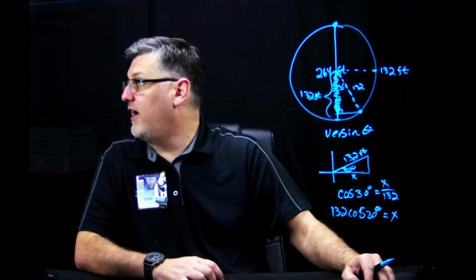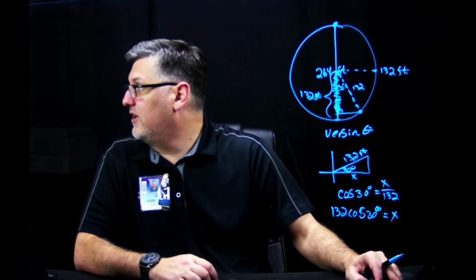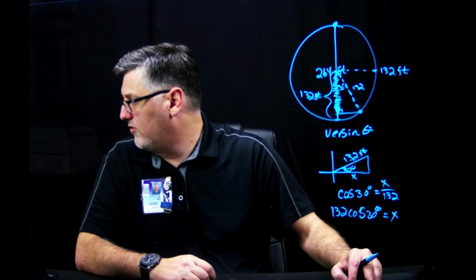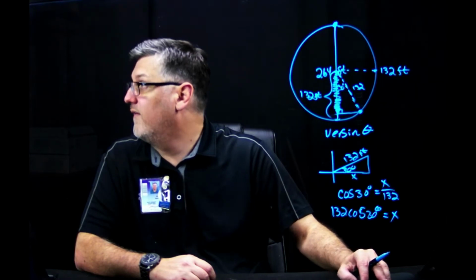So when I do that, let me pull up my calculator here. I need to make sure that I'm in degree mode, so I'm going to hit mode here. Oh, I'm in radians, so I want to scroll down, go over to degree mode, hit enter.